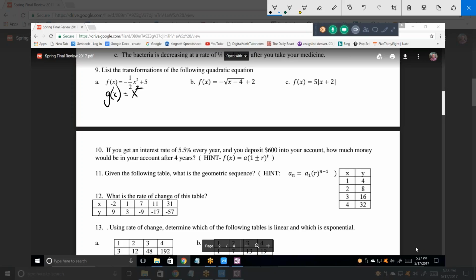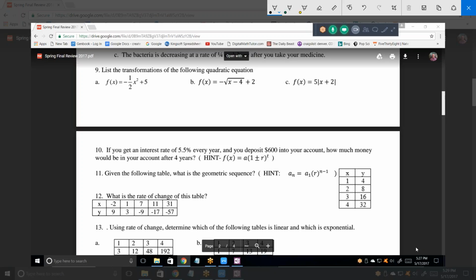Now let's talk about what this minus sign does. What is that? So I'm going to erase the parent function. And that's not enough. There's 2 kinds of reflections. There's over the x-axis and there's over the y-axis. Is it inside or outside the function? It is outside.